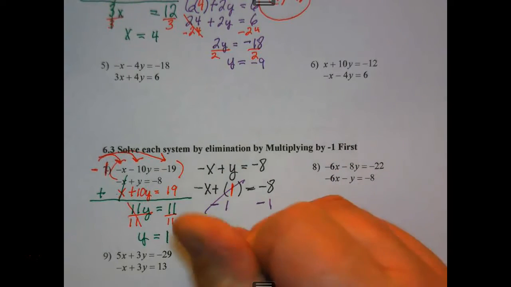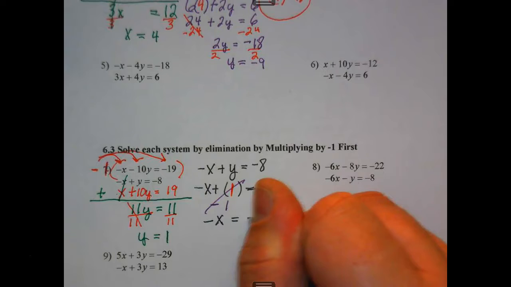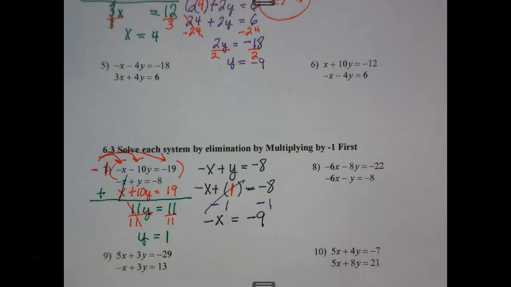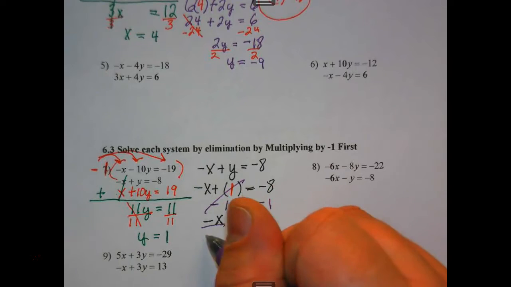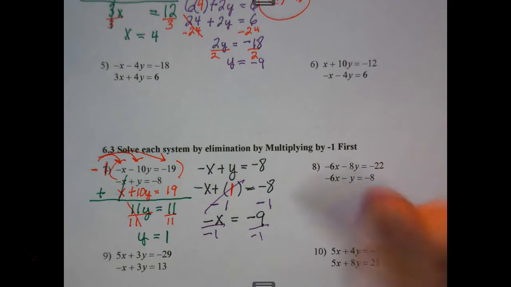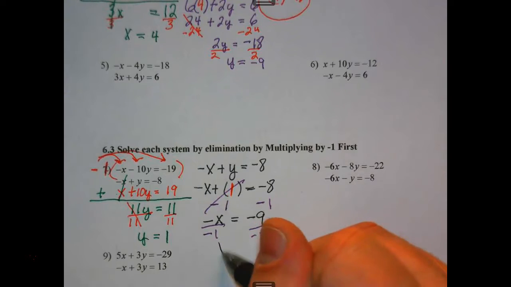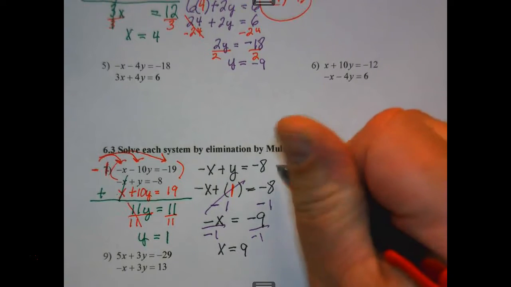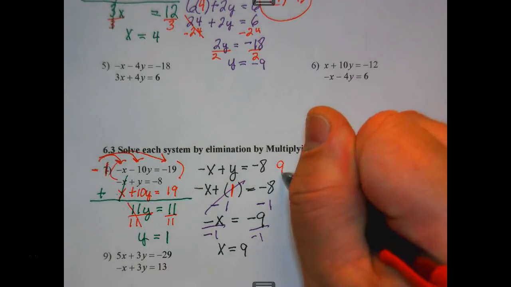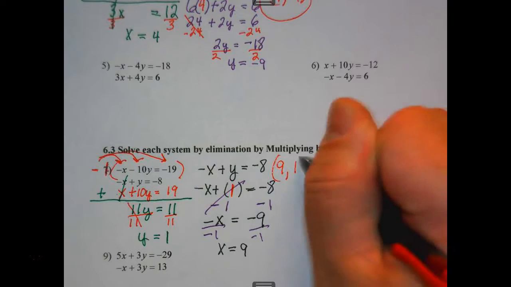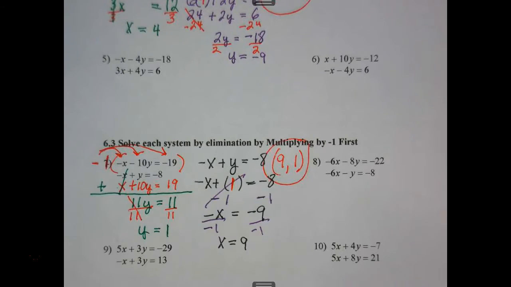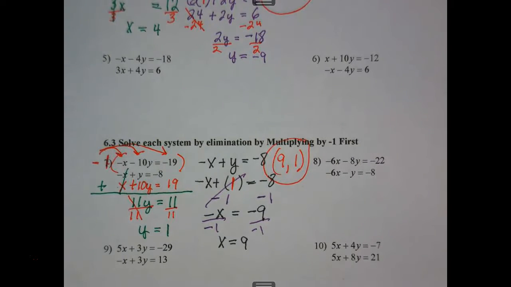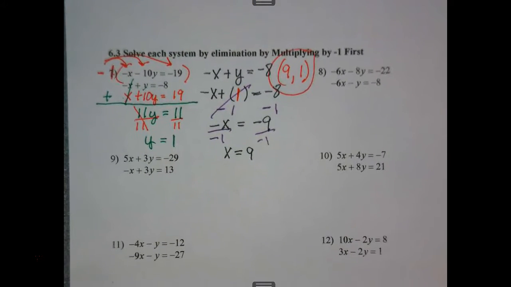I get negative x equals negative 9. Divide by negative 1. So x equals 9. Please put it in as a point. X is 9, y is 1. So that's pretty easy. That was the second part of 6.3.